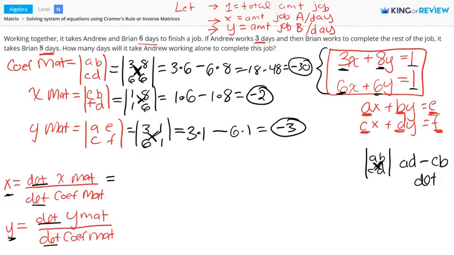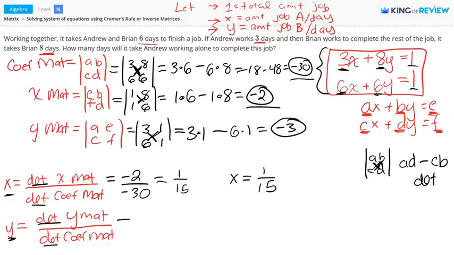So solving for X, we have the determinant of the X matrix. Well, we solved for that here, that's negative 2, divided by the determinant of the coefficient matrix. Well, that's negative 30. So we have negative 2 divided by negative 30, and when we reduce this, this equals 1 over 15. So we know that X is equal to 1 over 15.